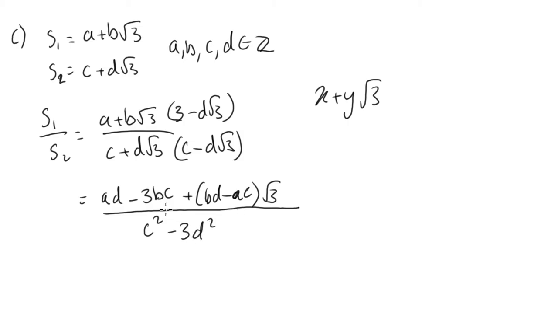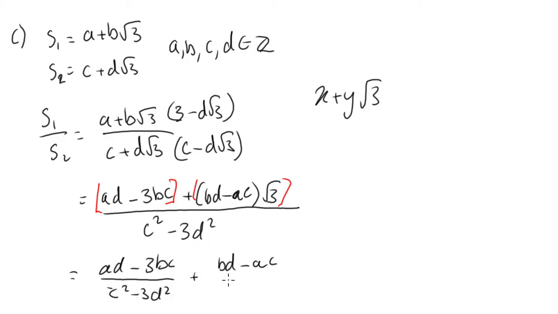So at this point, what we can do now is, I'll change to red here, we can take this part of the fraction and this part of the fraction, and express both of those terms over the denominator, because they both share the same denominator. So we can say this is equal to AD minus 3BC over C squared minus 3D squared plus BD minus AC all times by root 3 over C squared minus 3D squared.